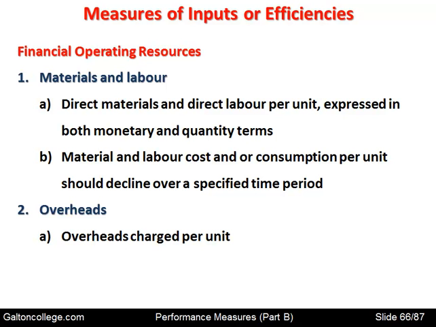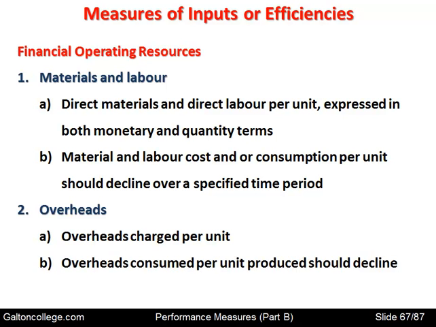So take the total overhead charges of the business and divide them out by the number of units and get some sort of indication of how much per unit should be added on to cover the overheads. So it's not just the direct labour and materials, it's also the overheads that need to be added on to get some indication of the true cost of the output.